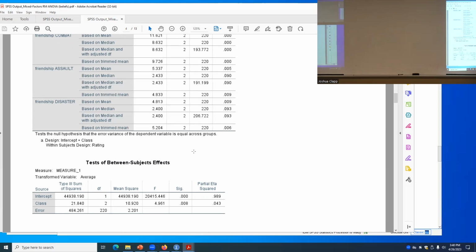Because if I look at the average willingness to provide friendship across these different vignettes, I can think about that as overall willingness to provide help to people who've had some bad stuff happen. If I'm collapsing across vignettes, looking at the average rating, and I'm seeing differences across my groups, it's kind of irrespective of what we're talking about.